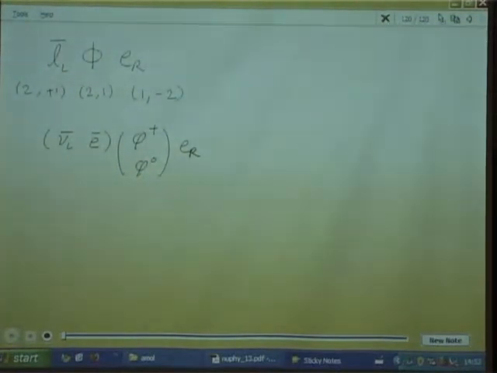So this is nu_L bar phi plus E_R plus e_L bar phi 0 E_R.